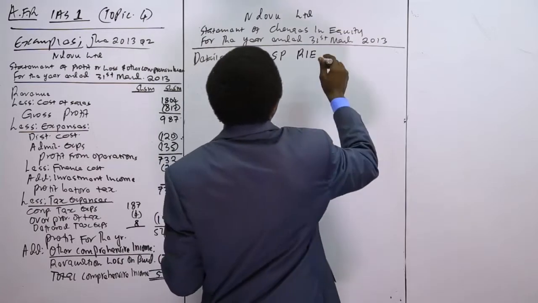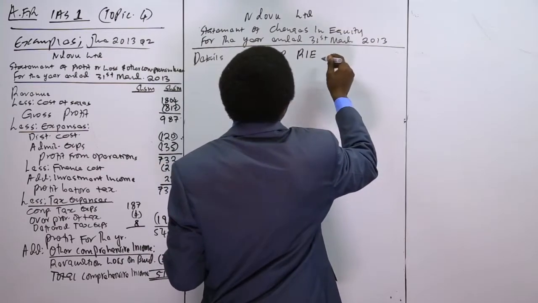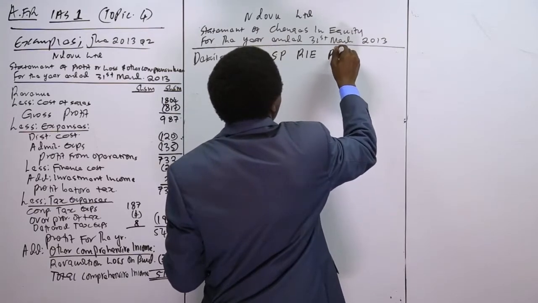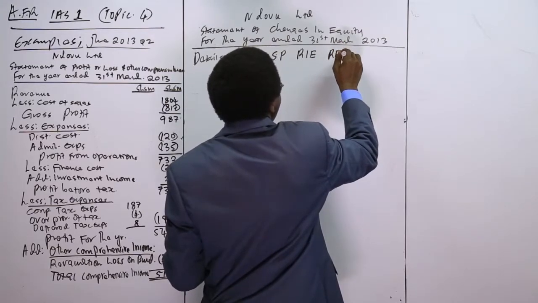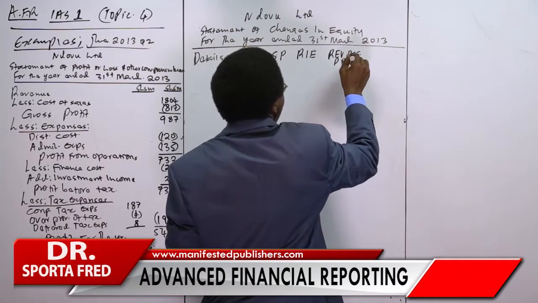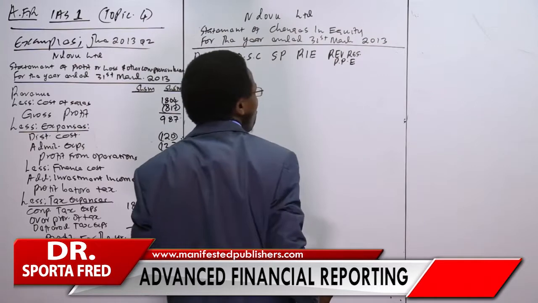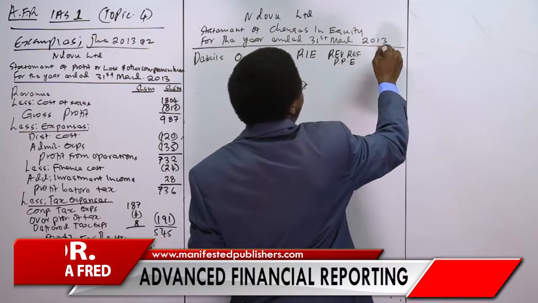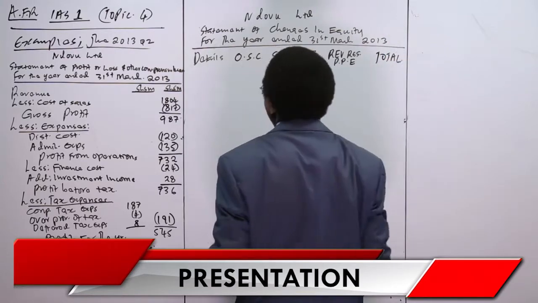Then we have other items like revaluation reserve. This was for only the PPE. We don't have the revaluation for available for sale. Then we didn't have so much, so the total here.